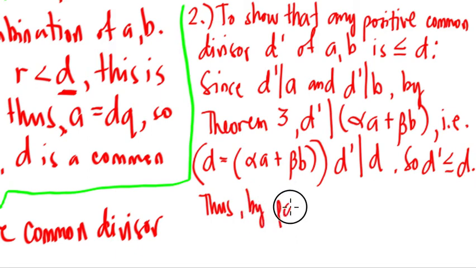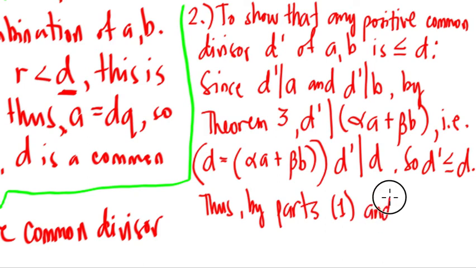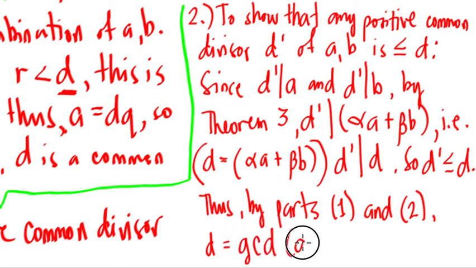Thus, by parts 1 and 2 of this proof, we can say that D is equal to the greatest common divisor of A and B. So this is the end of the proof.